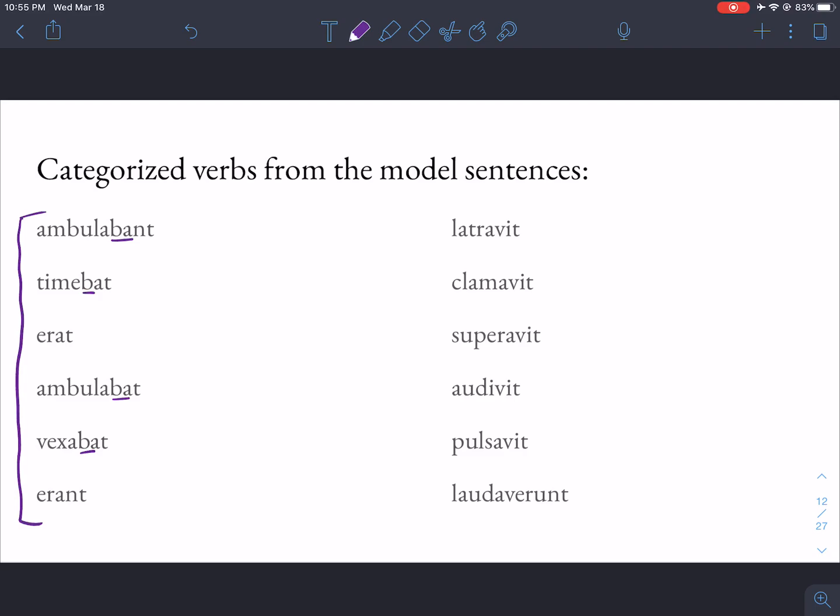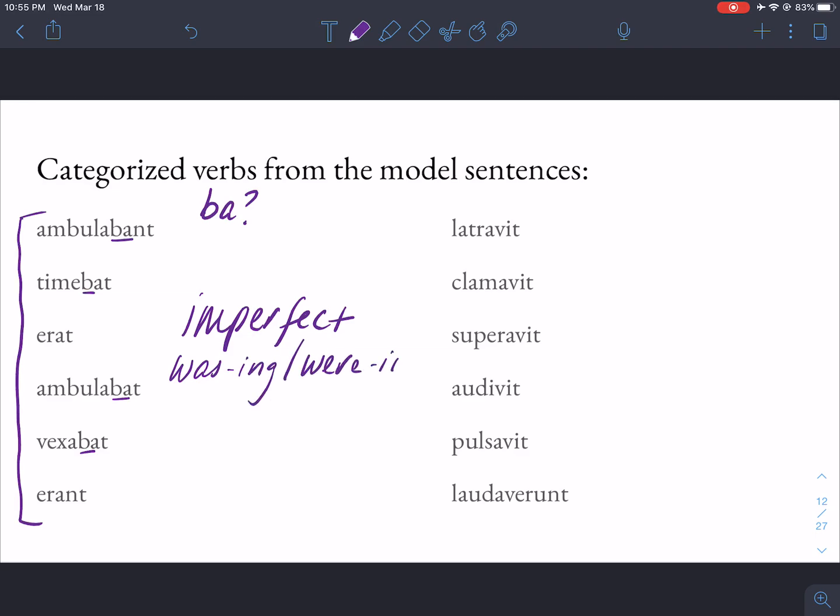And what kind of sheep go ba? It's the imperfect sheep. Okay, and just as a reminder, the imperfect tense is one of was-ing, were-ing in Latin, because there's a was-ing or a were-ing in each translation.